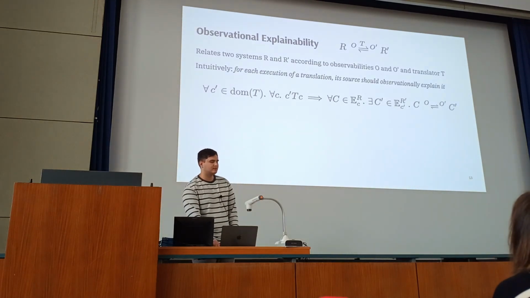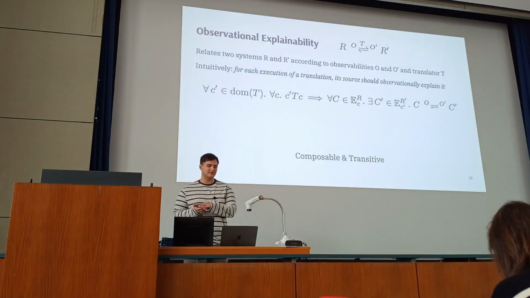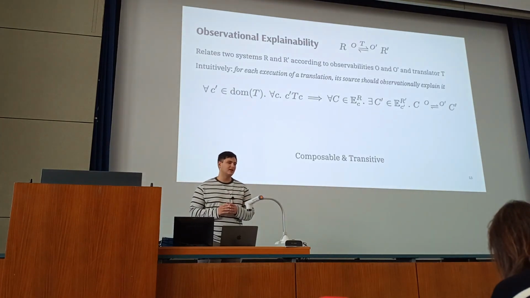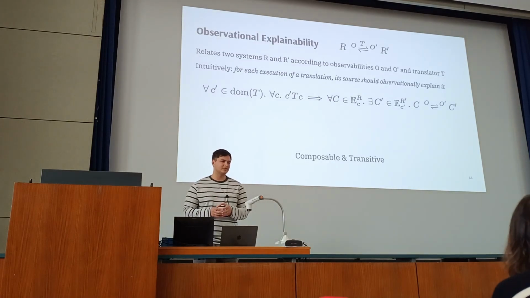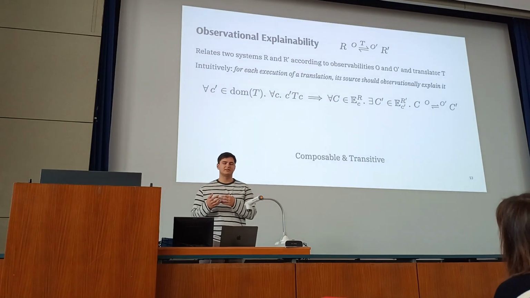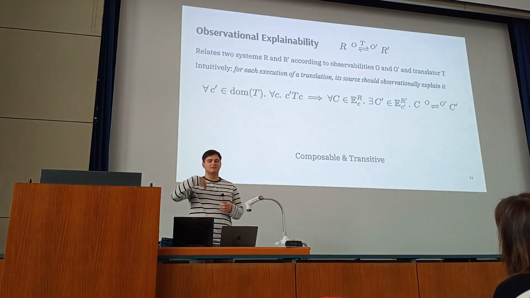And again, I want to note that this definition is composable and transitive in a certain sense, and this allows us to build hierarchies of abstractions going from lower level to higher level.